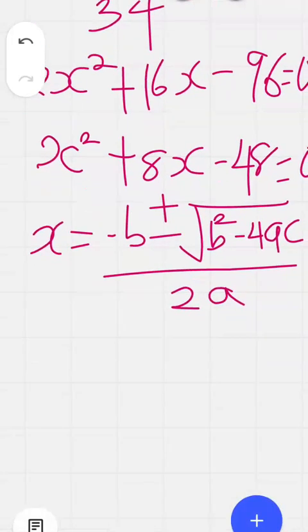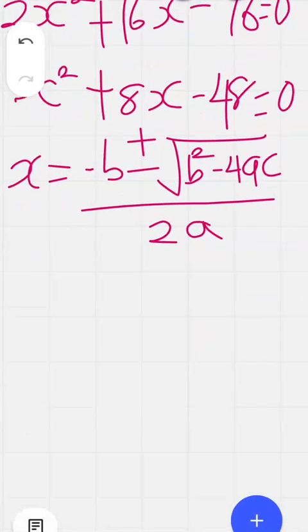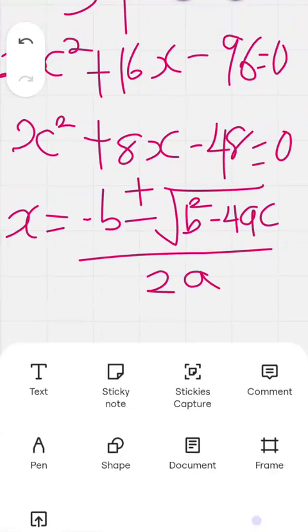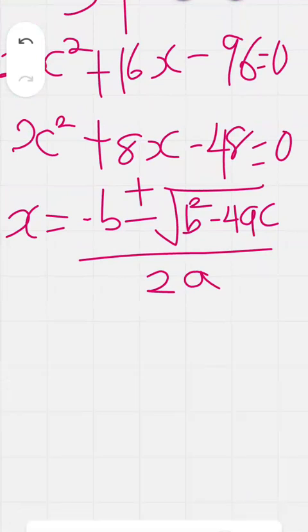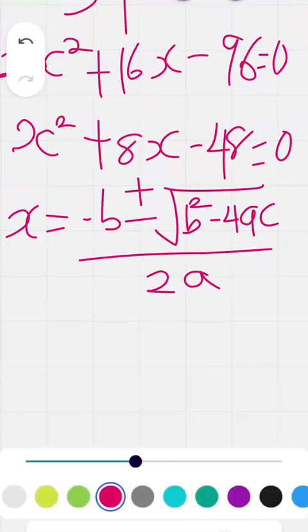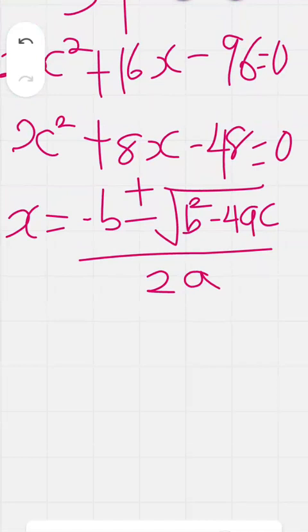That's the quadratic formula. So how do we apply it? The value of b here is positive 8.